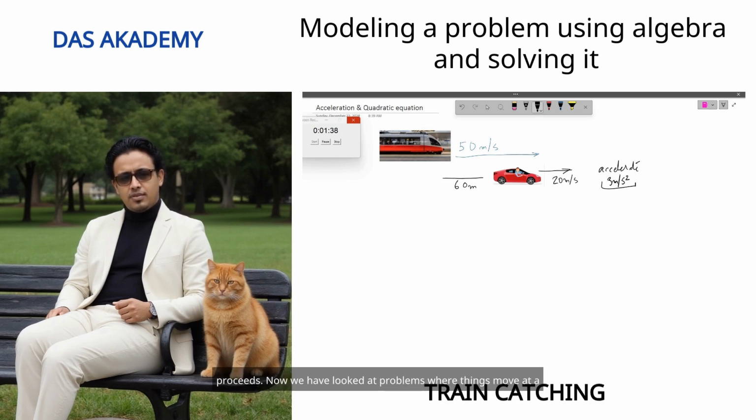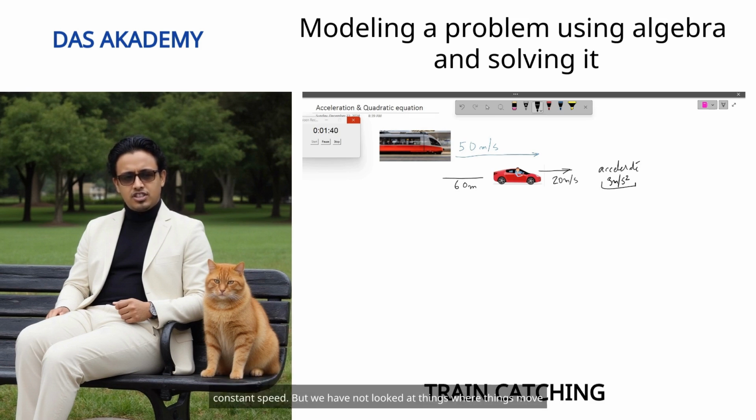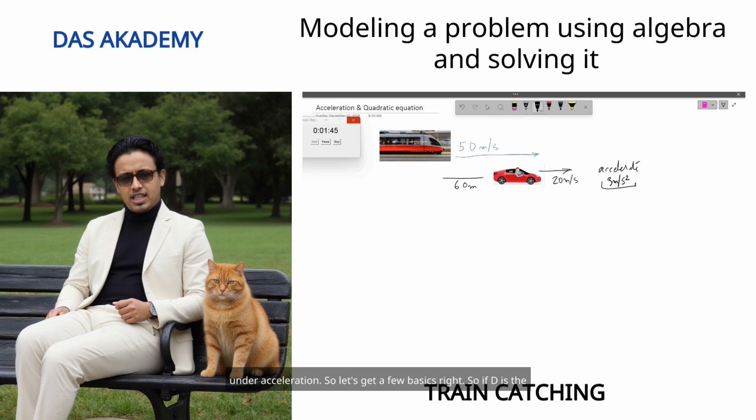Now we have looked at problems where things move at a constant speed, but we have not looked at things where things move under acceleration. So let's get a few basics right.